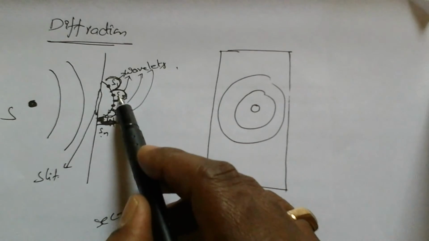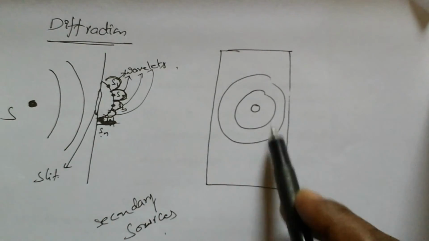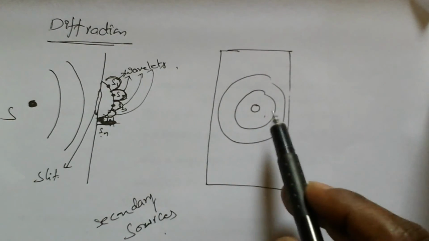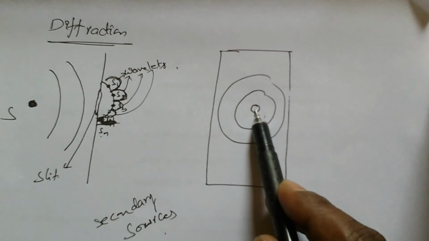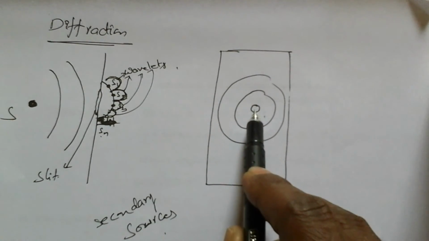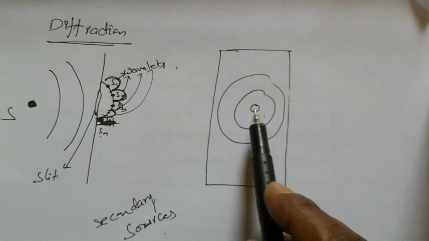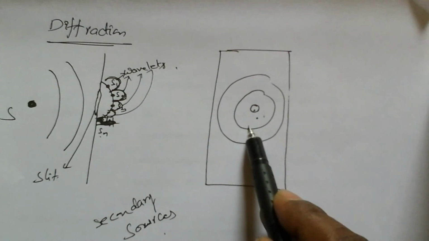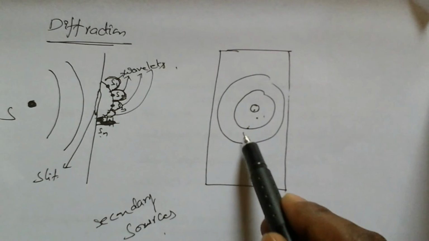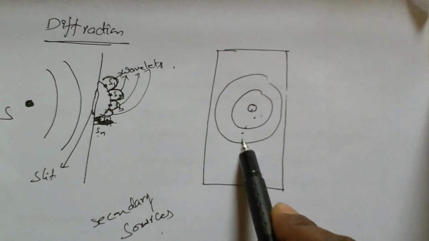These wavelets superimpose and form a diffraction pattern here. In the diffraction pattern, the central fringe will be bright, next dark, next bright, next dark, next bright, next dark.